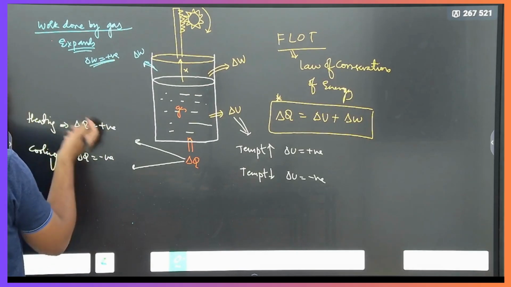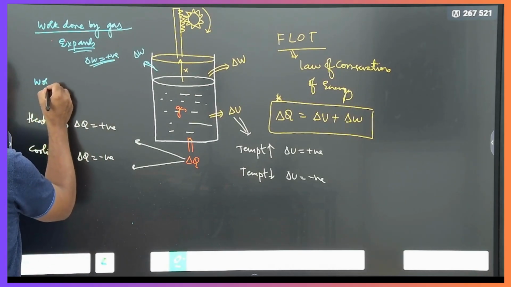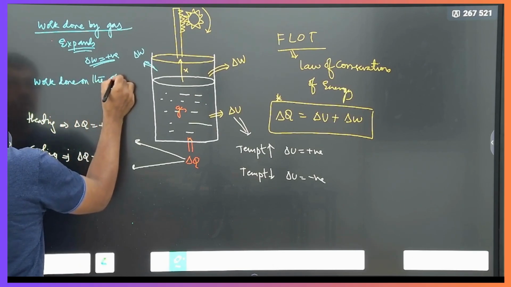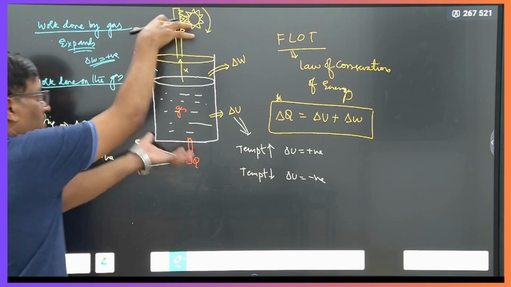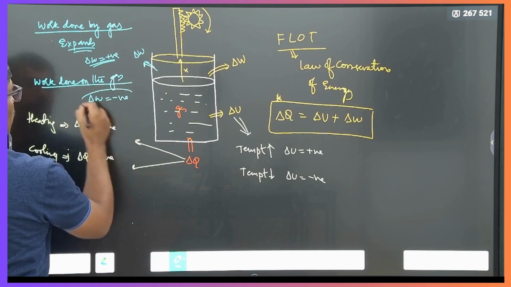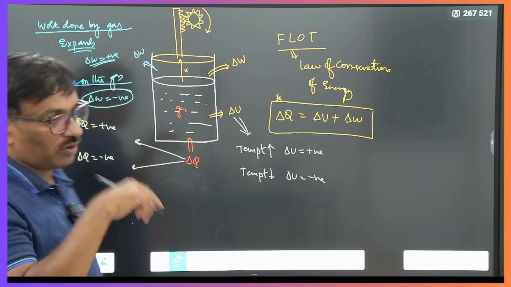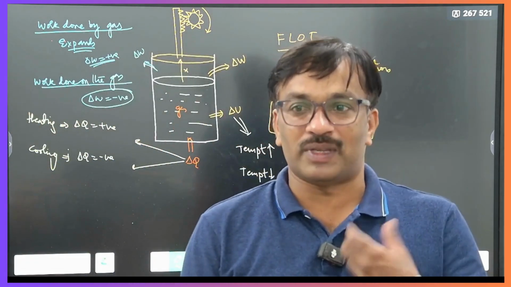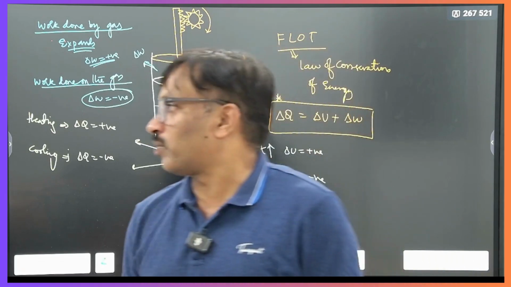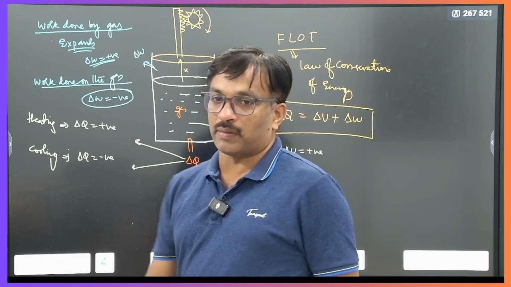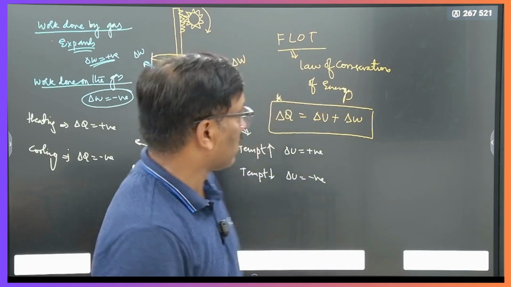If it is work done on the gas, that means it is compressing. When compressing, delta W is negative. Volume is decreasing, delta W is negative. Volume is increasing, delta W is positive. So these are the things you need to remember, minimum, for the first law of thermodynamics.